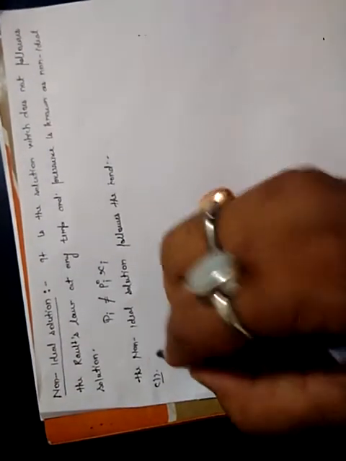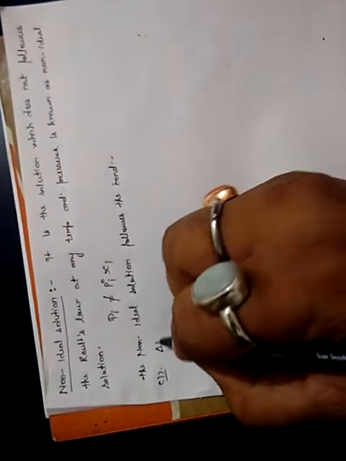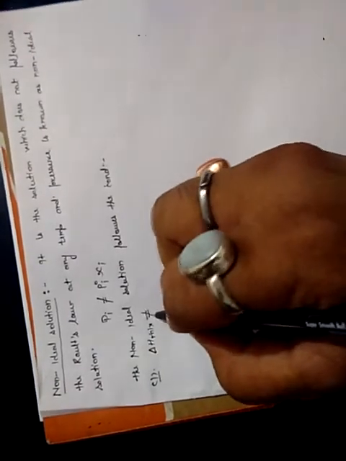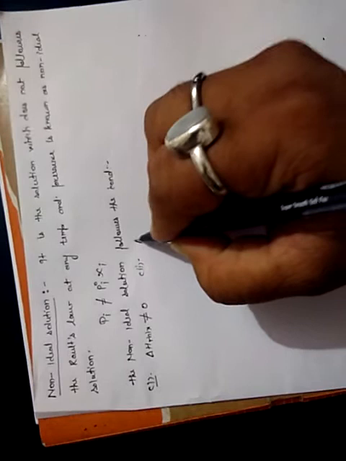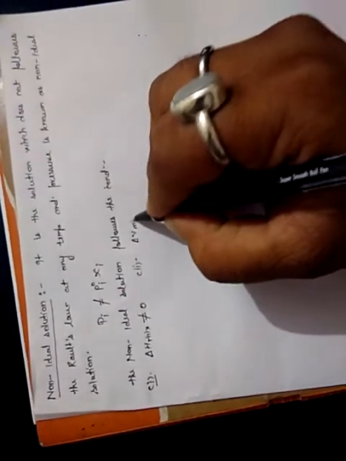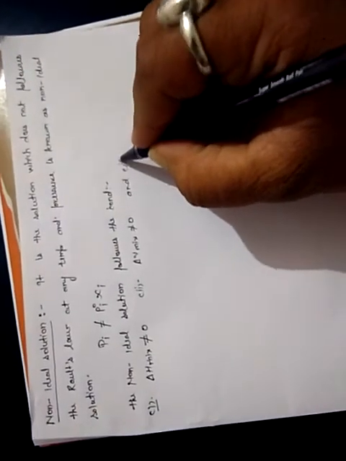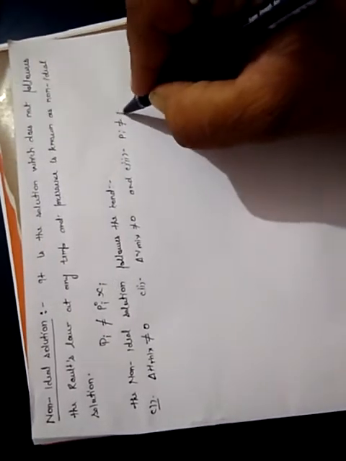First, delta H mixing is not equal to 0. Second, delta V mixing is not equal to 0. And third, it does not follow Raoult's law at any temperature and pressure.